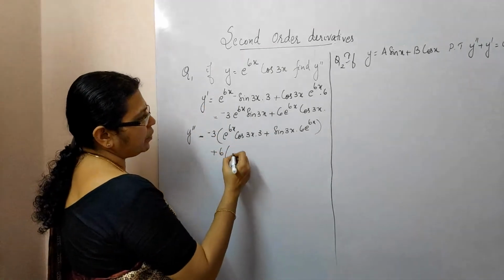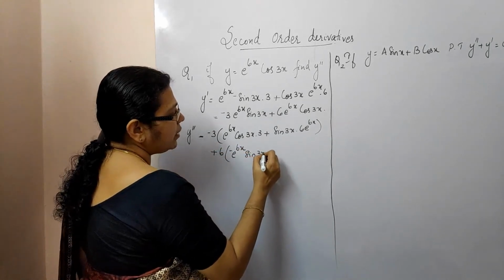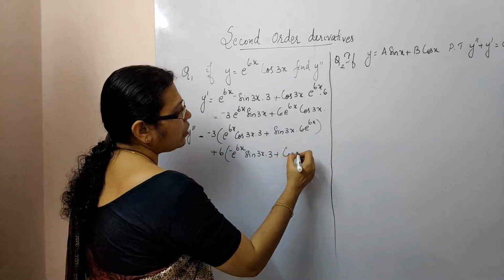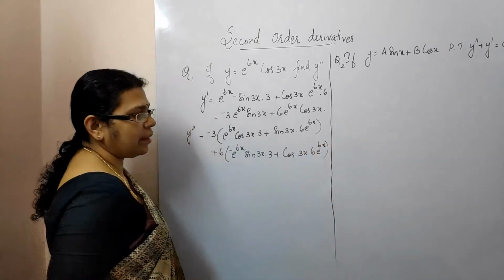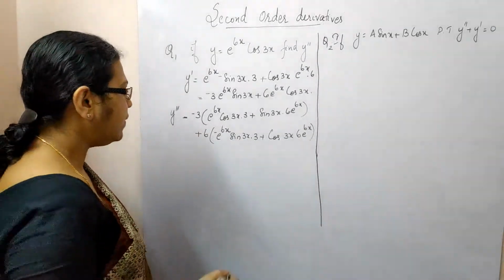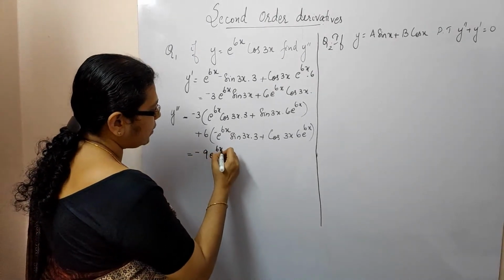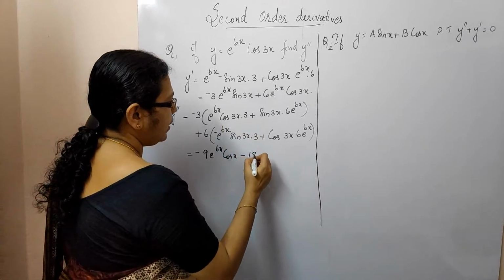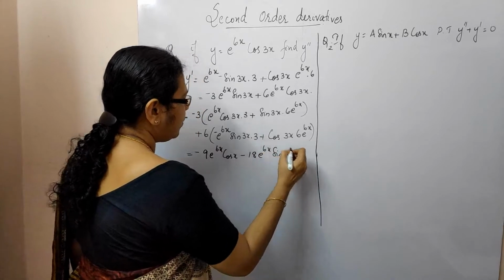Plus 6 into e raised to 6x into minus sin 3x into 3, plus cos 3x into 6 e raised to 6x. Am I clear? Now I take this negative 3 inside. What do I get? Minus 9 e raised to 6x into cos 3x, minus 6 threes are 18 e raised to 6x into sin 3x.